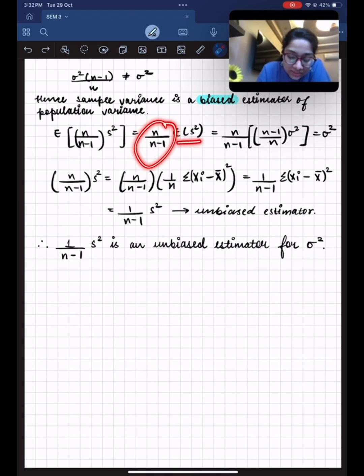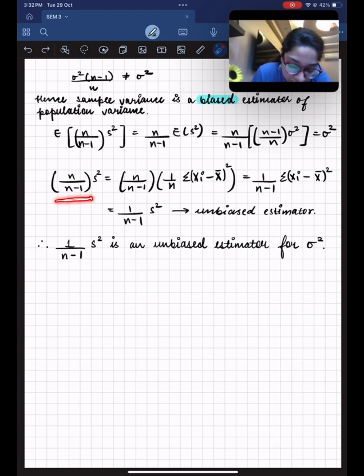So n upon n minus 1 times expectation of s square, this cancels this, and we have sigma square, which means that this is the unbiased estimator for our population variance.